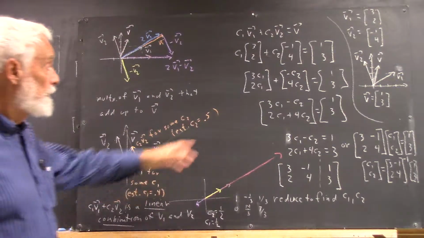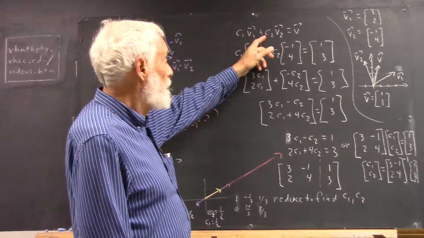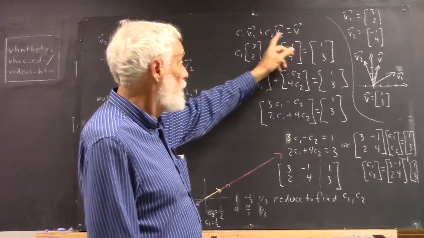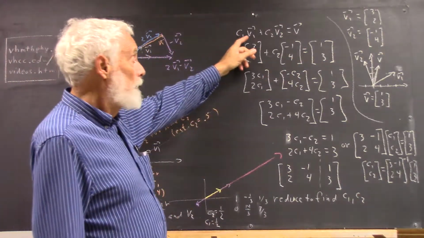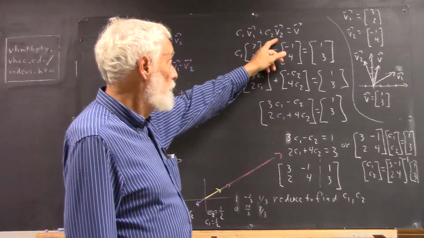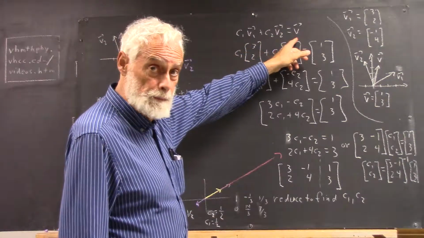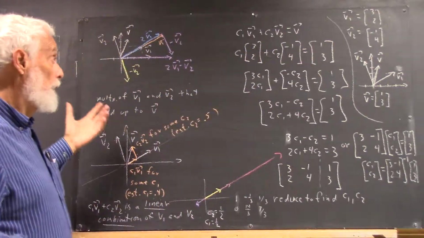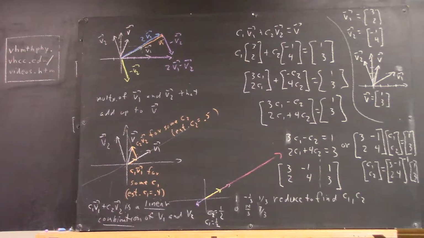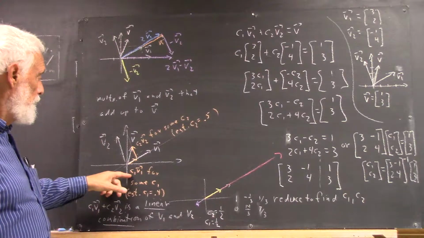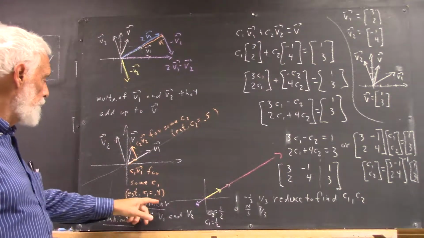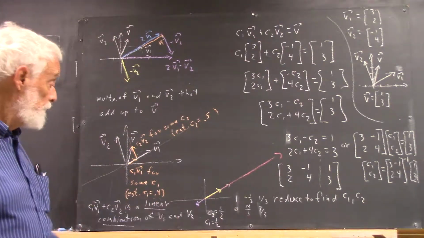So our equation is going to be C1 V1 plus C2 V2 equals V. This equation will represent the fact that some multiple of V1 plus some multiple of V2 is equal to the vector V. And we're going to be able to solve that equation rather easily. Okay? Now, there's a little terminology. This C1 V1 plus C2 V2 is called a linear combination of V1 and V2.